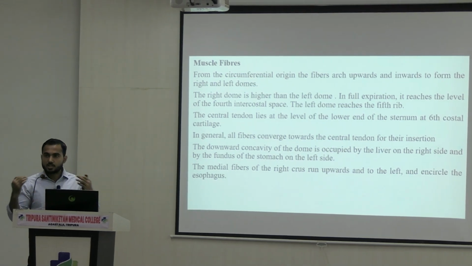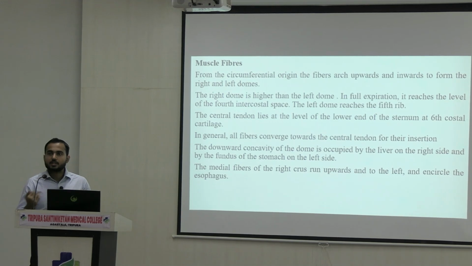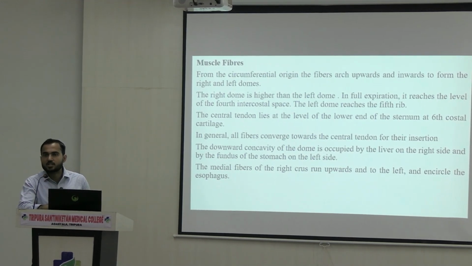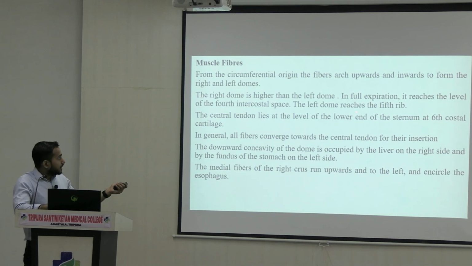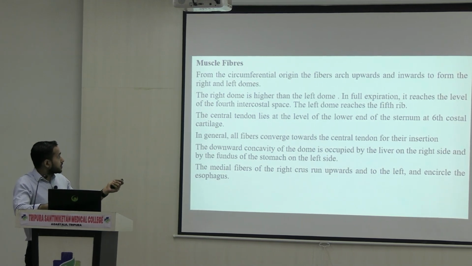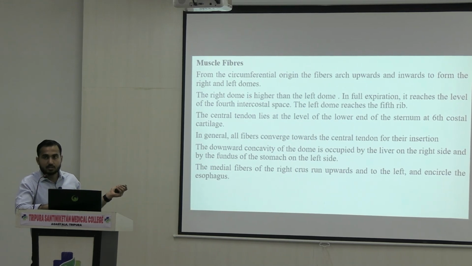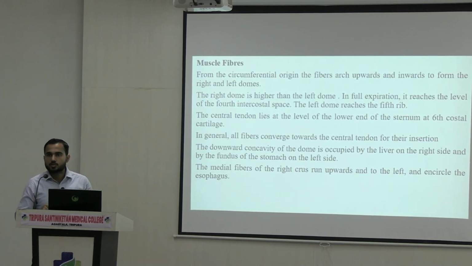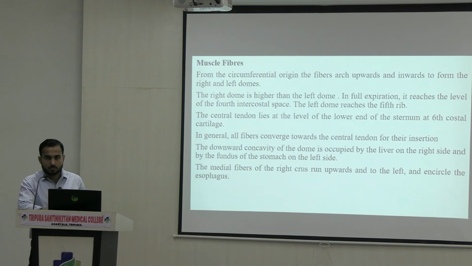That means after the origin takes place, the muscle fibers are oriented in a circumferential direction. First, the fibers will arch upwards and inwards to form the right and left dome. This is the direction of the fibers. How the fibers are going, as you can see, arching upwards and inwards to form the domes, right dome and left dome.